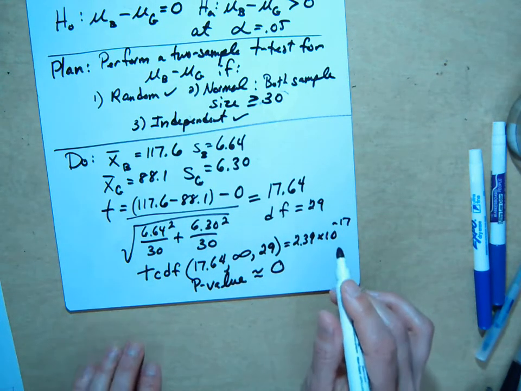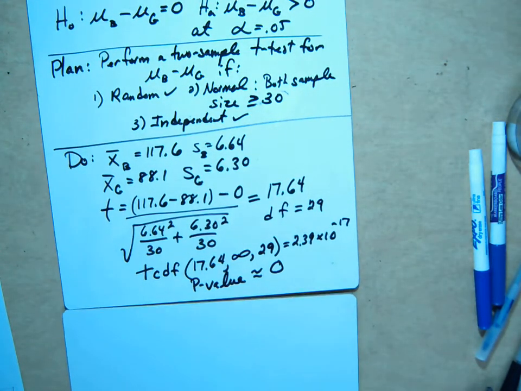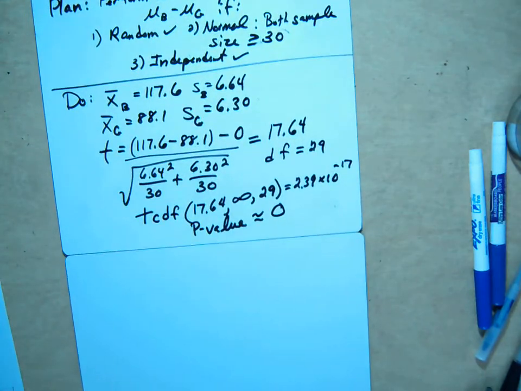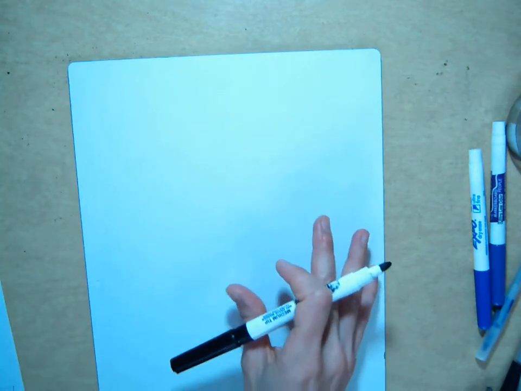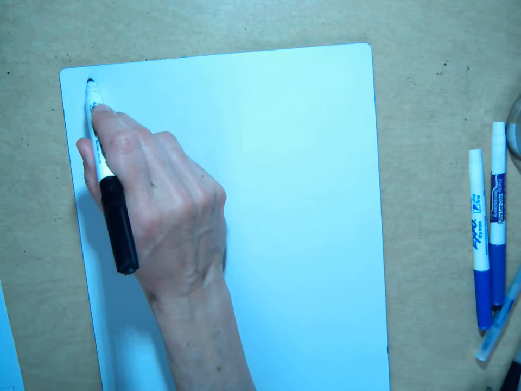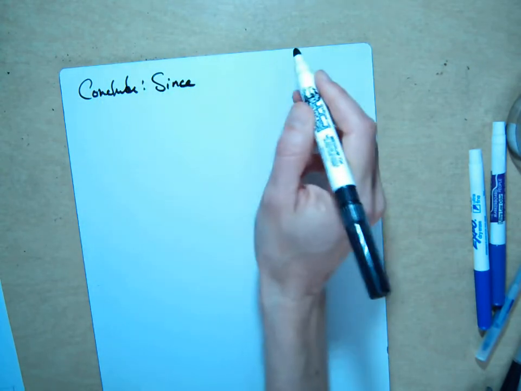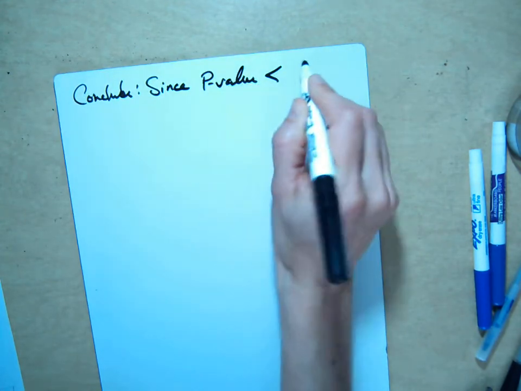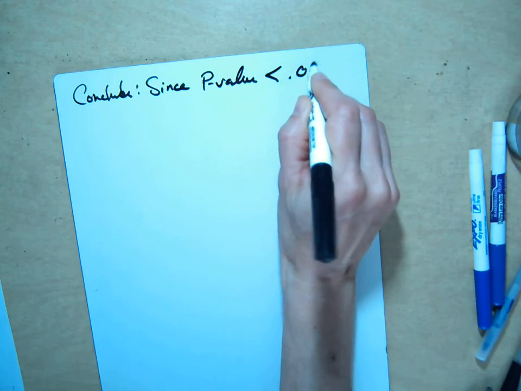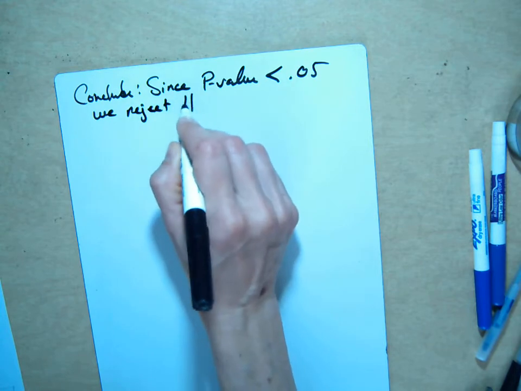We're going to go to the conclusion, and then I'll go back and show you how to do the whole thing on your calculator. So the p-value is 0, and so we would conclude that there's two parts to your conclusion. You need to say, since the p-value is less than alpha 0.05, we can reject h0.